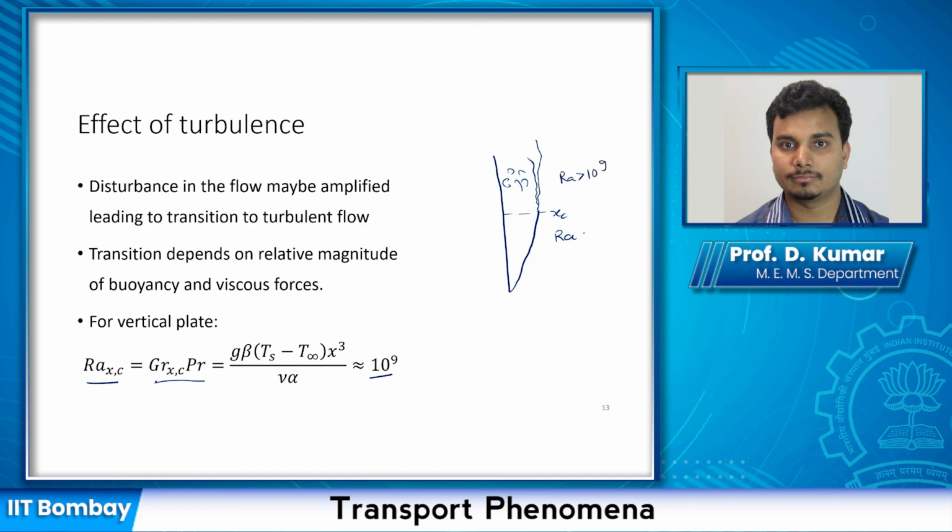This is Rayleigh number less than 10⁹. Again, transition depends on the relative magnitude of buoyancy and viscous forces, similar to Reynolds number, where it depends on the relative magnitude of inertial and viscous forces.